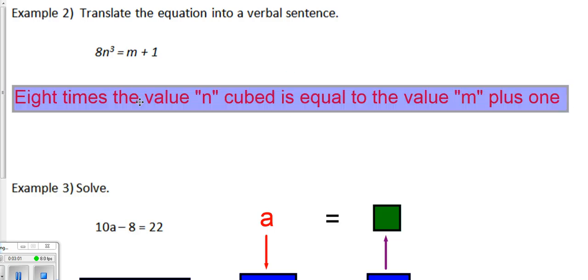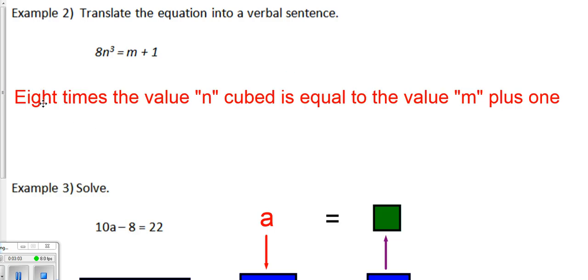So, putting everything together, we can say 8 times the value n cubed. So first we would do n cubed, then you times it by 8, is equal to the value m plus 1. So 8n cubed equals m plus 1 is 8 times the value n cubed that is set equal to the value m plus 1.